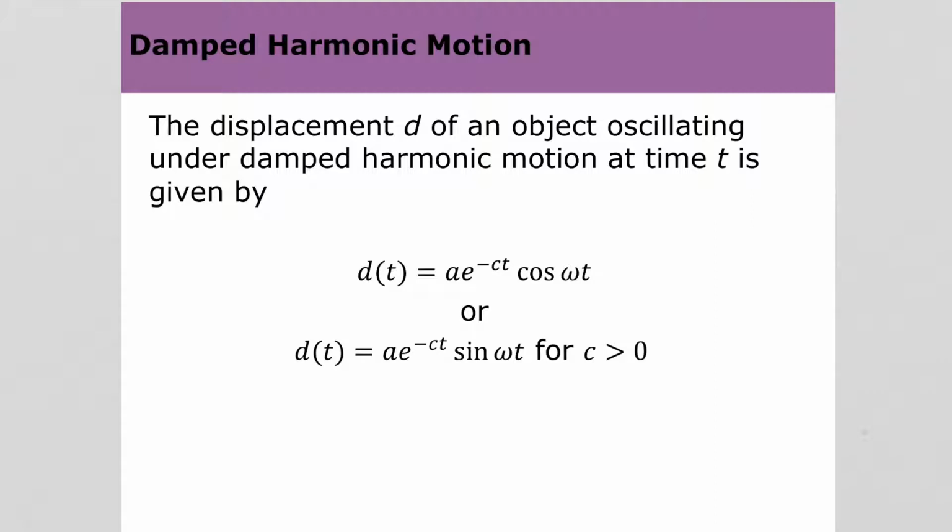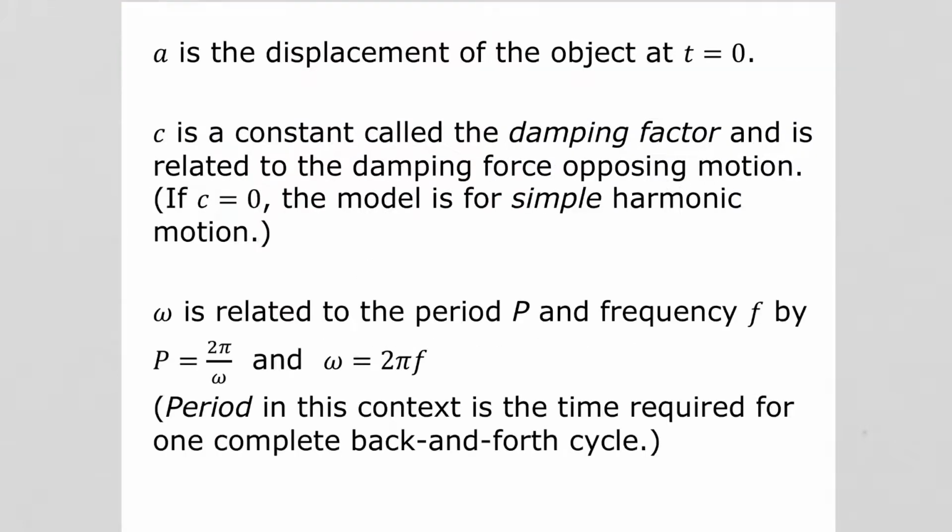The formula for damped harmonic motion is d(t) equals A e to the negative ct times cosine or sine of omega t. In this formula, A is the displacement of the object.